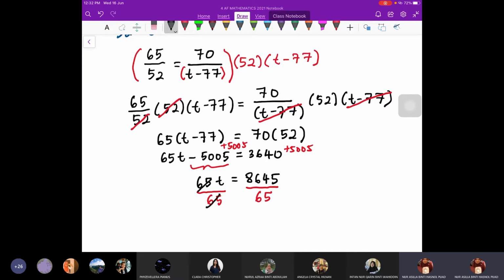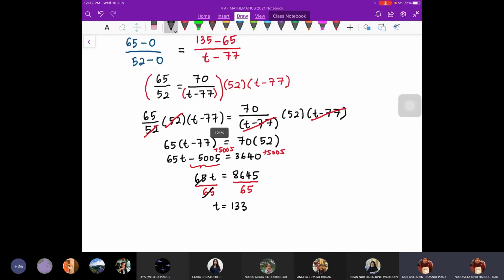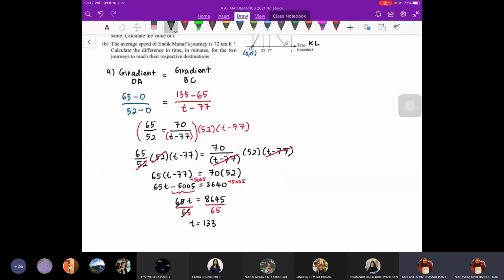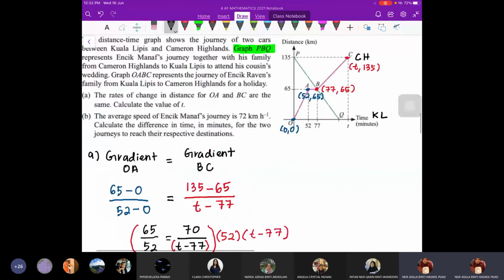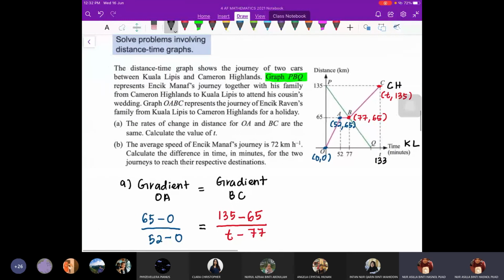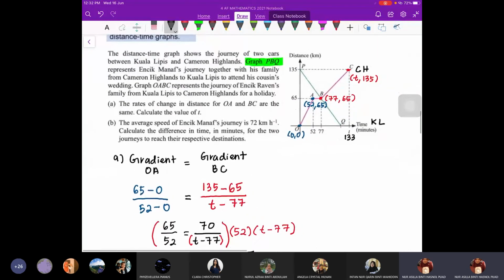So you will get t equals to 133. Okay, done. So t kat sini is 133 minutes. Okay, so idea dia kat sini adalah gradient OA is equals to gradient BC. So formula is still the same, no problem.